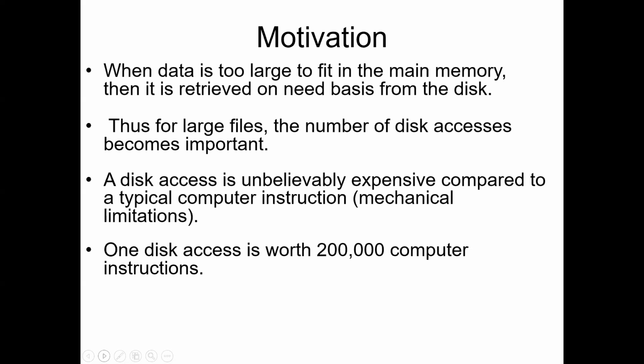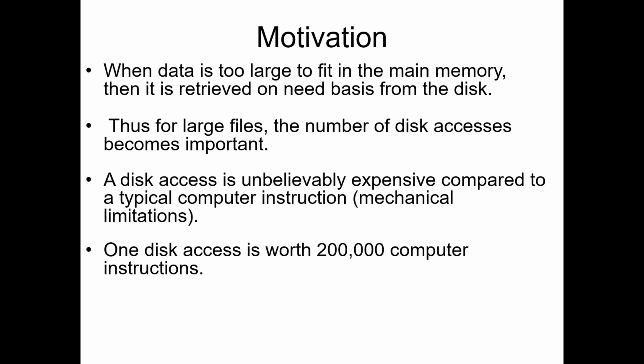So in case of large files, this number of disk accesses becomes important. If there are too many operations that require the data to be retrieved from the secondary storage, then this may cost a lot more instructions compared to memory retrieval. And this typically happens for data that is too large and can't fit in the main memory.